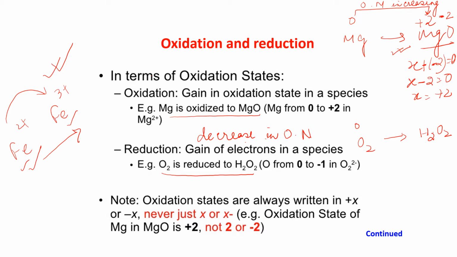There are 2 hydrogen atoms, so it will be +2. And there are 2 oxygen, so 2x = 0, so 2x = -2, or x = -1. So the oxygen is -1.